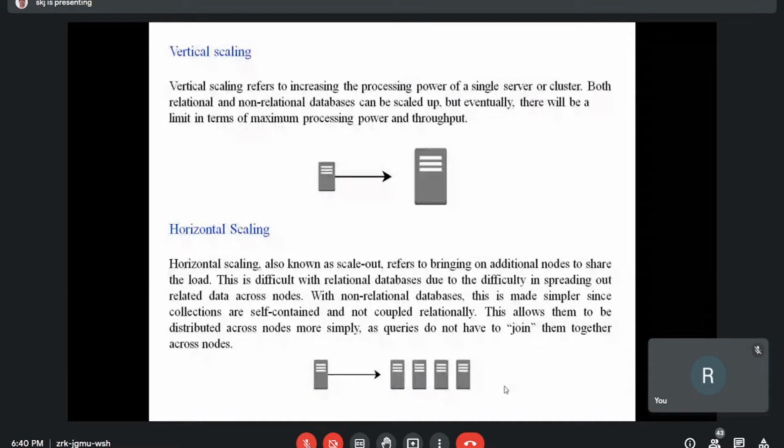You can understand the meaning of vertical and horizontal scaling. When we say vertical scaling, that means I have one machine, and I am using a database system on it, storing and retrieving data using my software program.